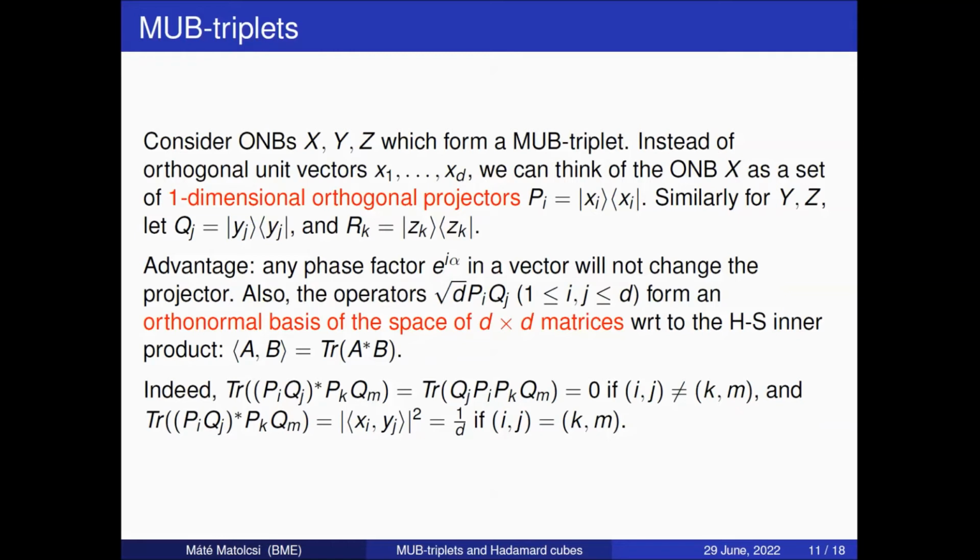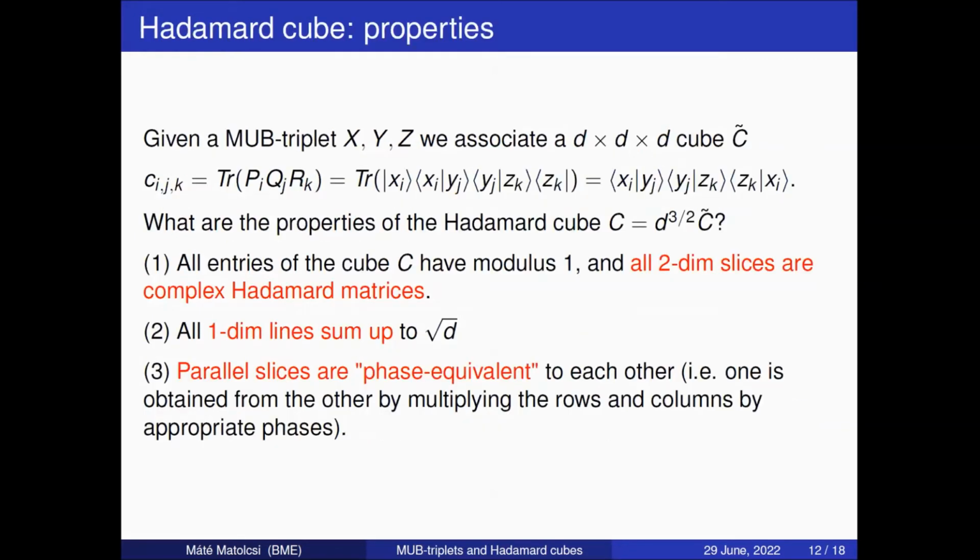It becomes 0 because of orthogonality, and if the indices are the same, it becomes 1 over D because of unbiasedness. You see, here comes the unbiasedness condition that |xy|² is 1 over D. So they make an orthonormal basis in the set of matrices, so we can somehow try to use them.